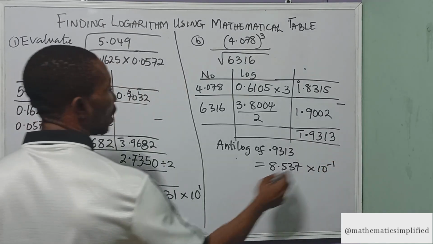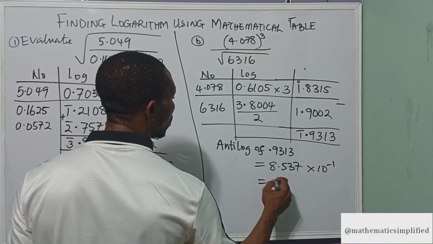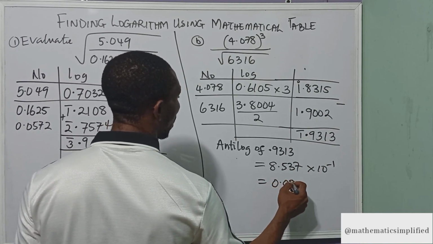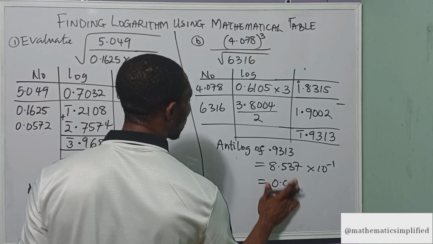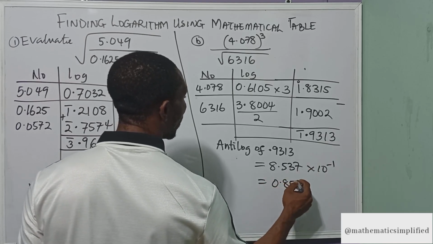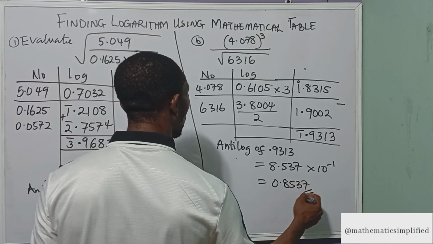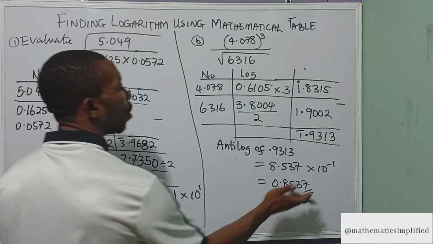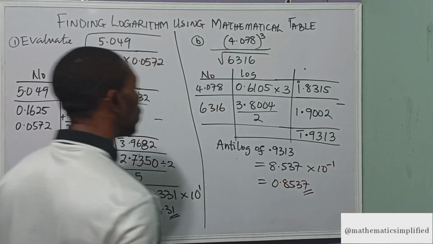So this we can write as 0.8537, since it's minus 1. We either write it this way or we can leave it in this form.